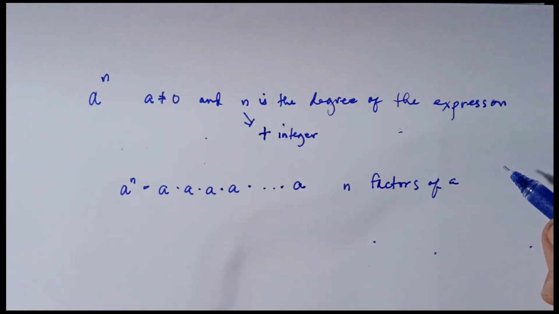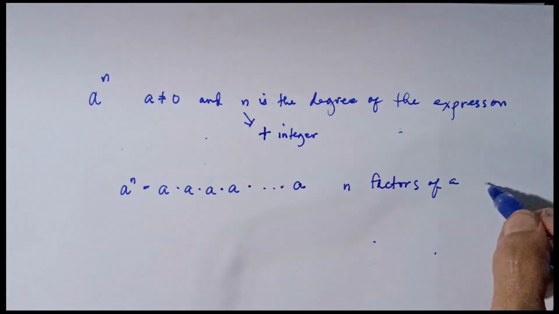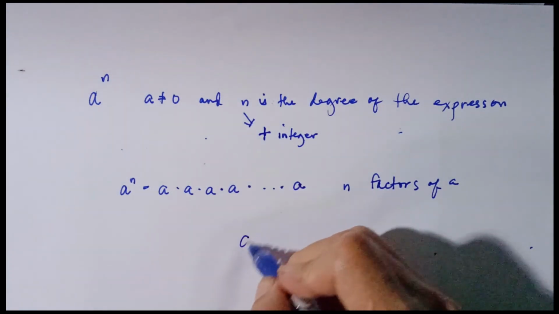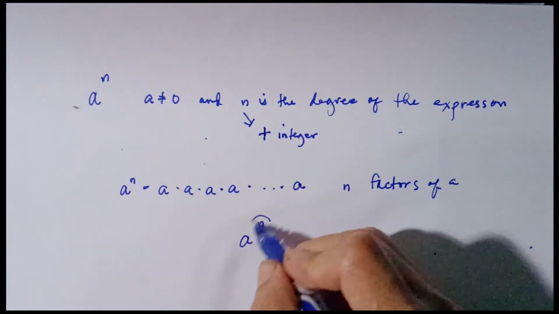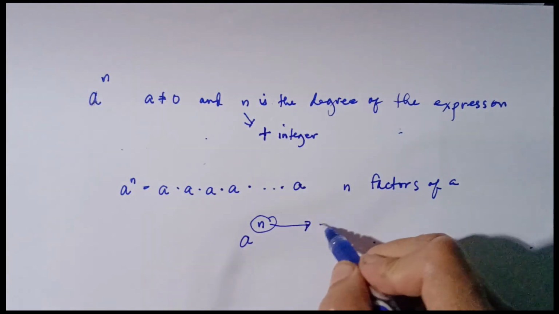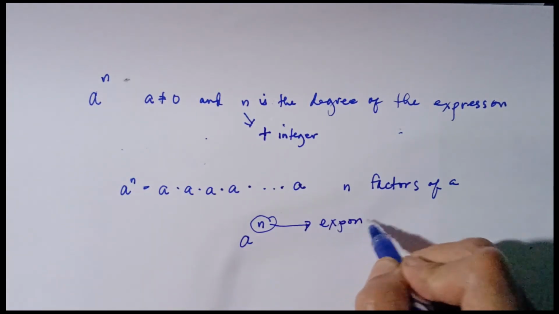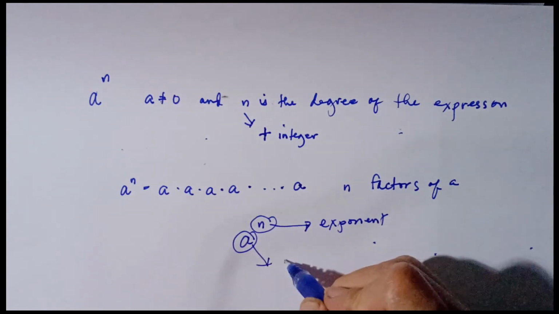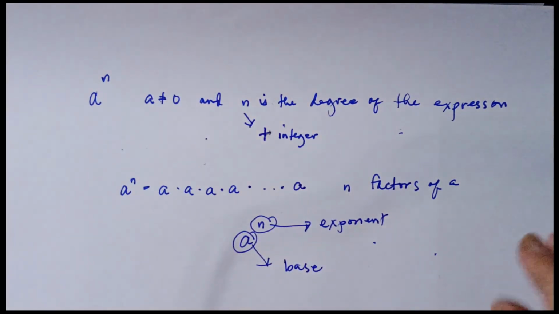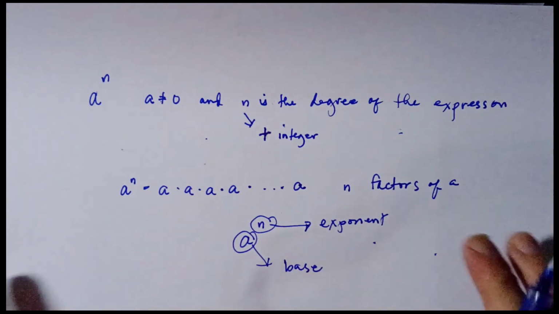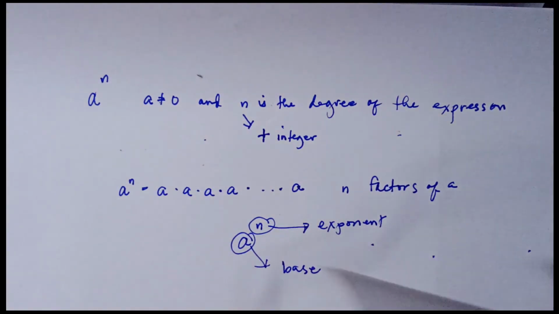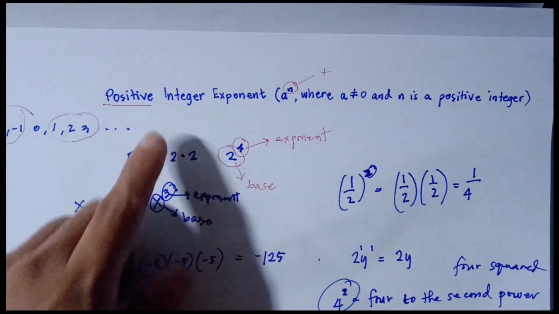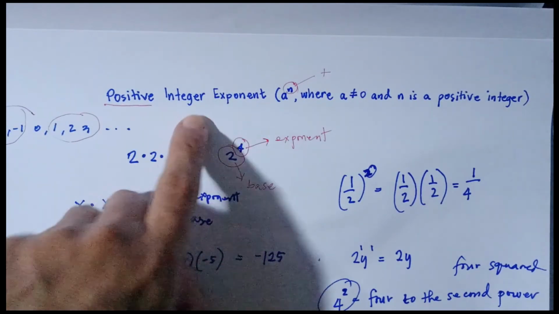This is called a raised to the power n, where n is an exponent and a is our base.